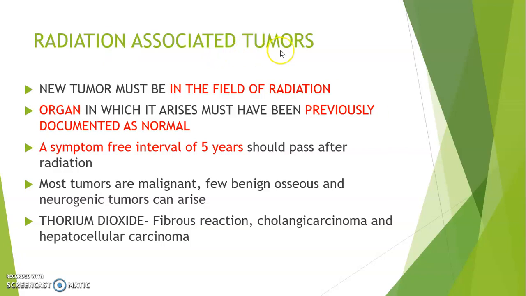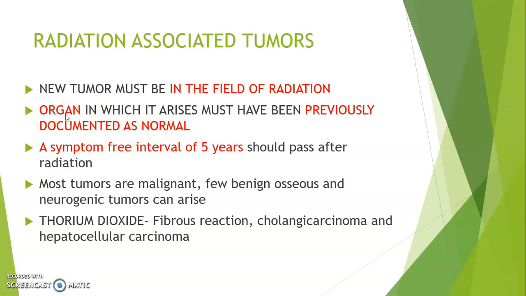Radiation associated tumors. New tumor must be in the field of radiation. So the new tumor that develops due to radiation must be in the field of radiation. The organ in which it arises must have been previously documented as normal.